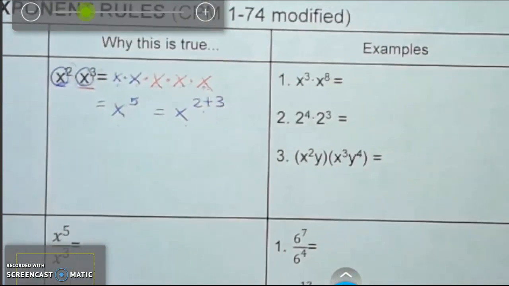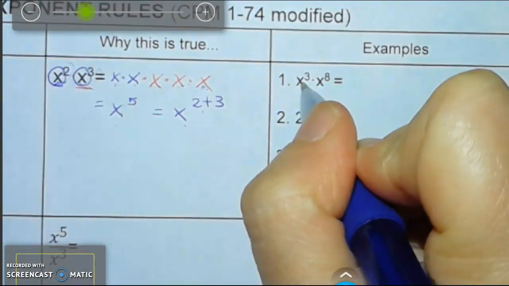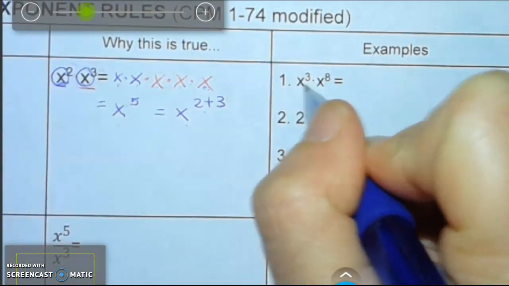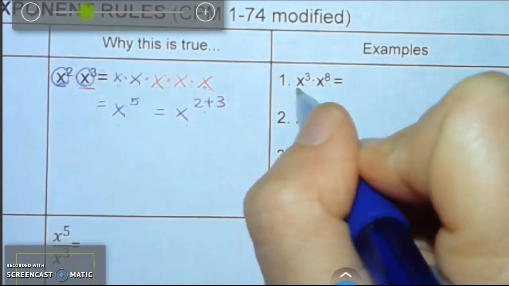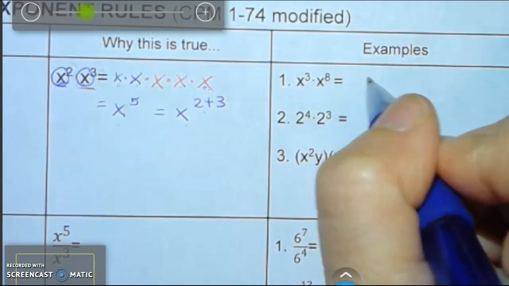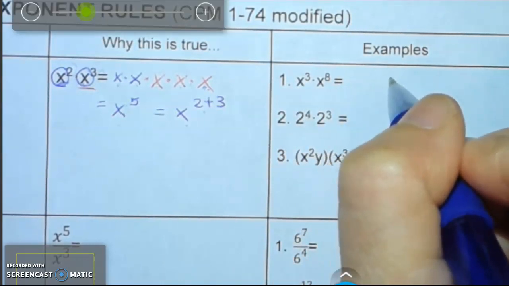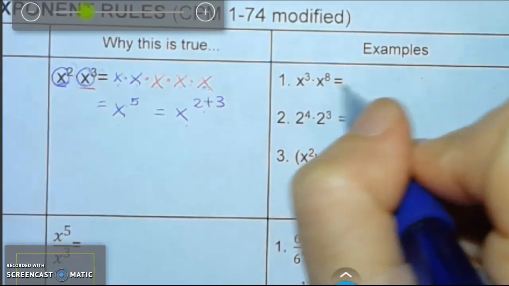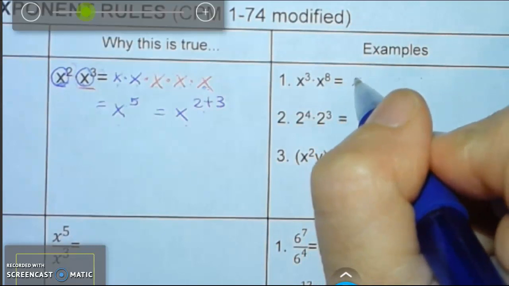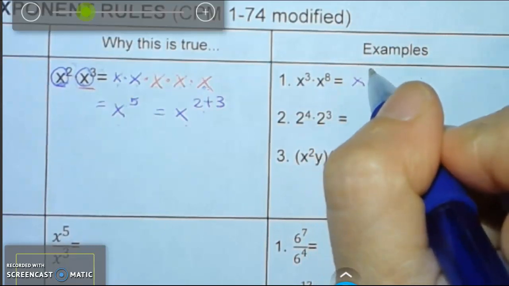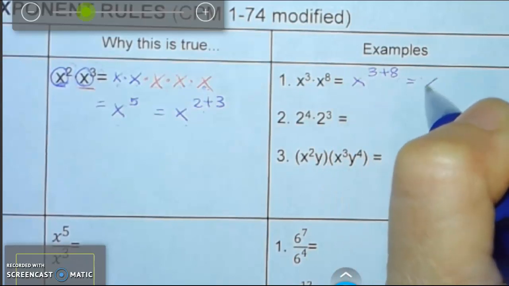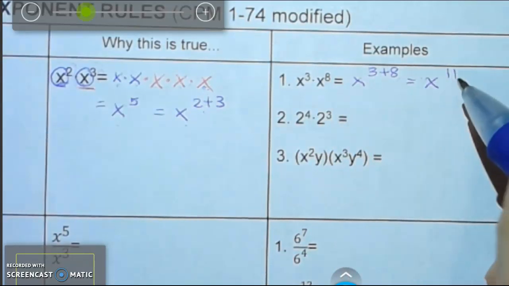Let's do some examples. This is x to the power of 3 times x to the power of 8. Yes, we can expand this out and write out x times x times x times x times x times x 8 times. But we don't want to do that. We know this is going to be the same as x to the power of 3 plus 8, which is indeed x to the power of 11.